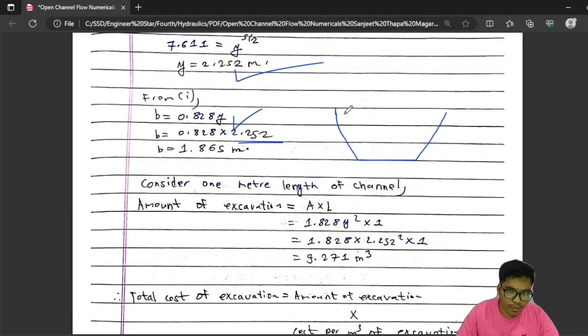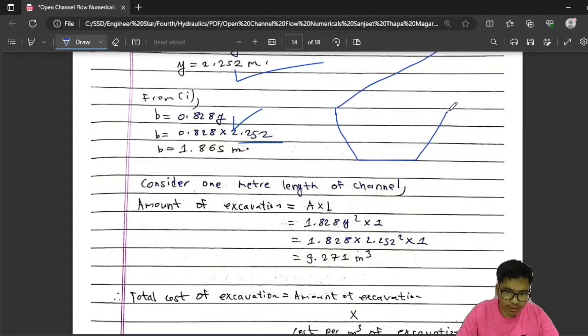Considering 1 meter length of channel, if this is the channel, then in 3D it will be like this. So the amount of excavation is this area multiplied by length.